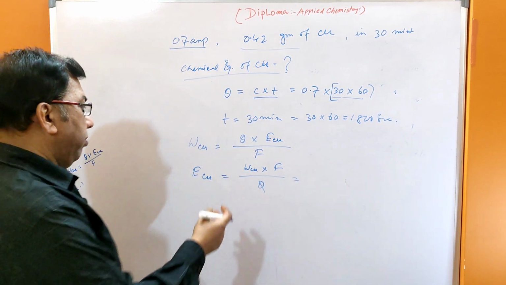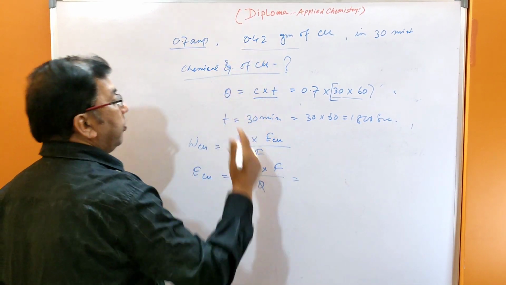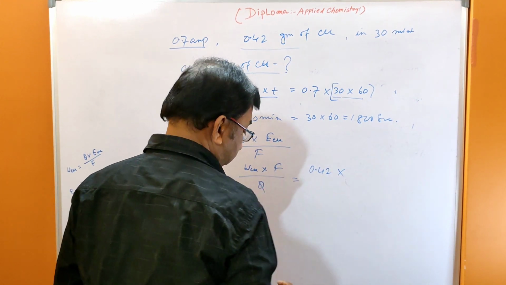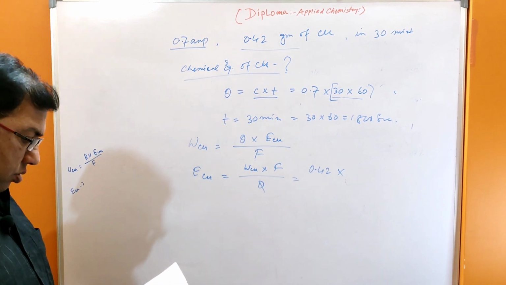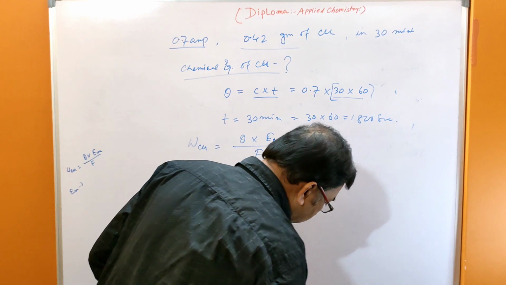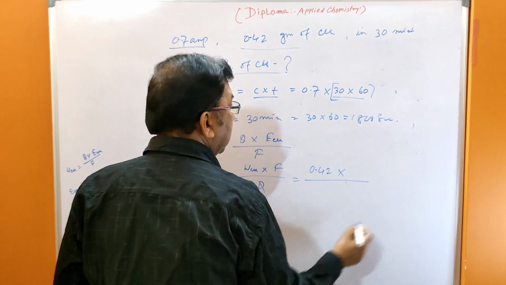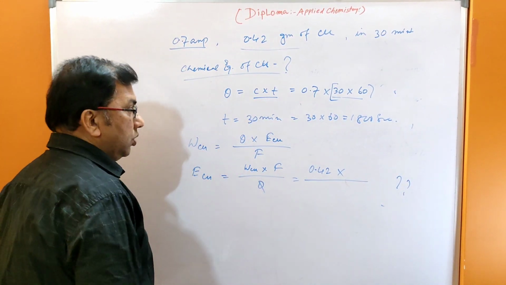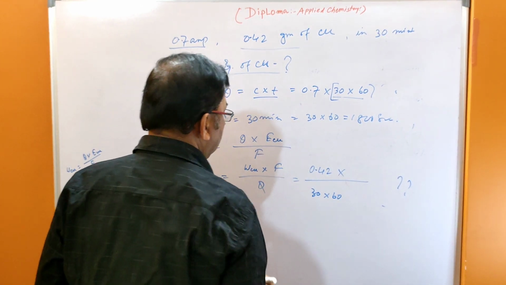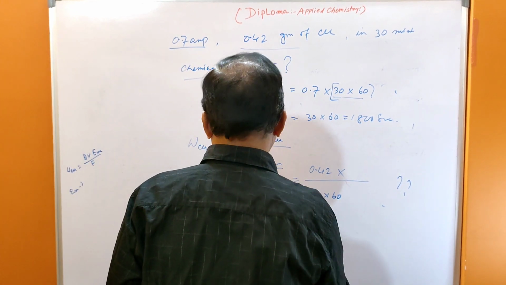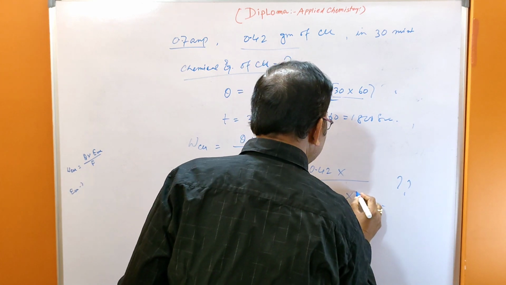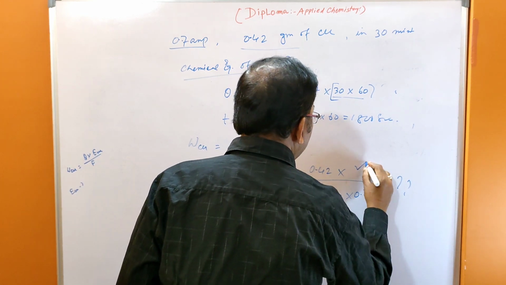So this is 0.42 into F, where F is 96500 coulomb, divided by 0.7 into 30 into 60.